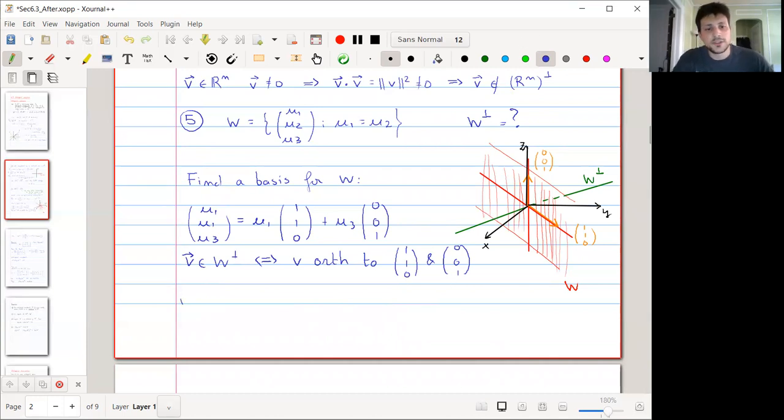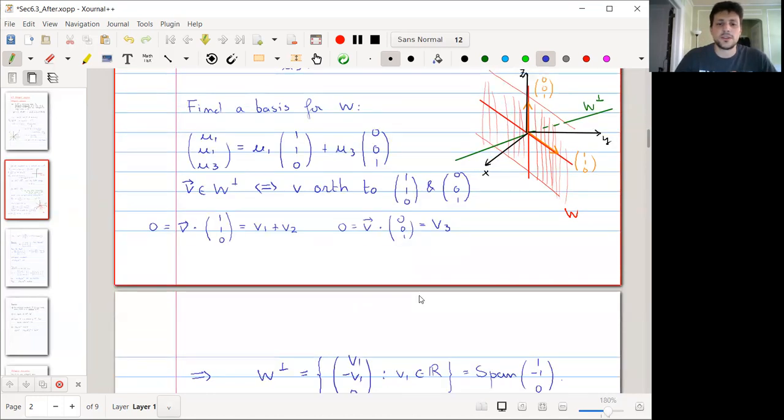So now let's write down what that entails. Having 0 equal to V dot (1, 1, 0) means that V1 plus V2 must be 0. And likewise, (0, 0, 1) dot V means V3 must be 0.